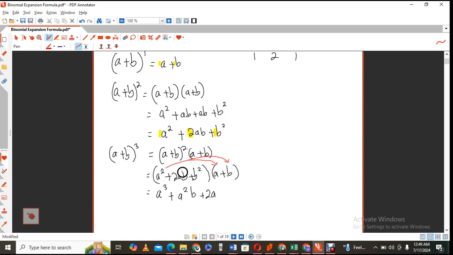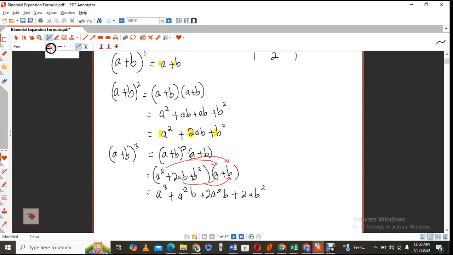Now I'm taking the second part, of which I am multiplying the 2ab times that one over there, and I will take the same thing when I do that one over there. So let's just do that quickly. 2ab times a is 2a squared b. Then 2ab times b gives you 2ab squared.